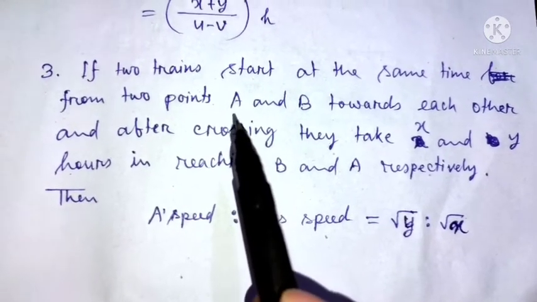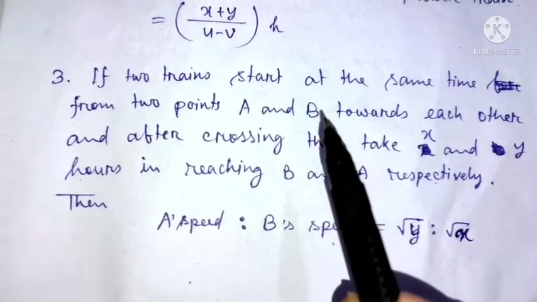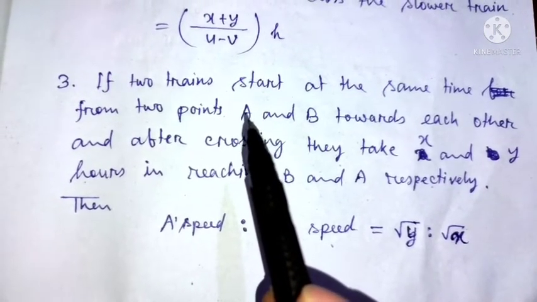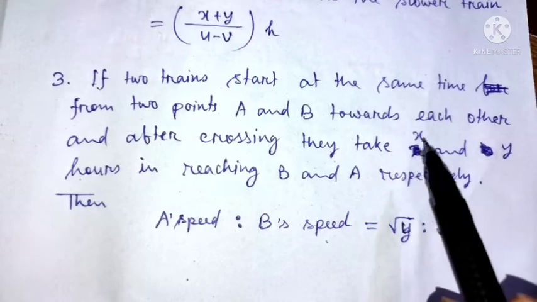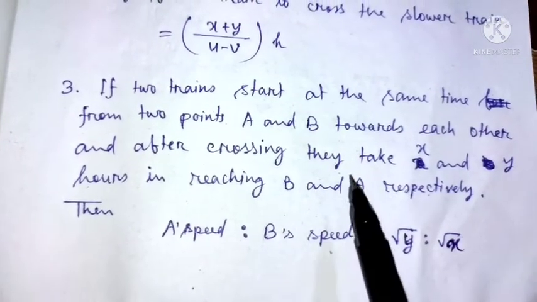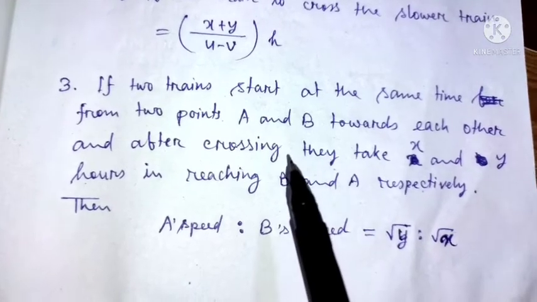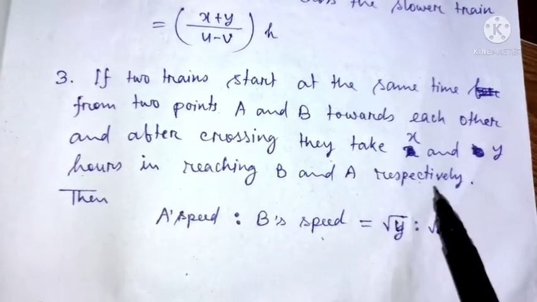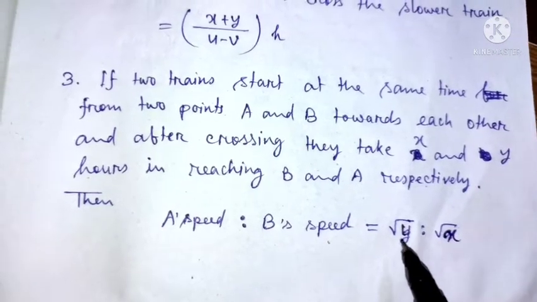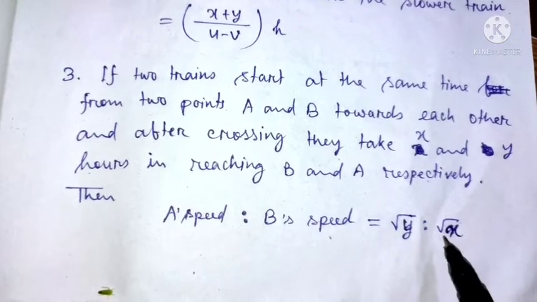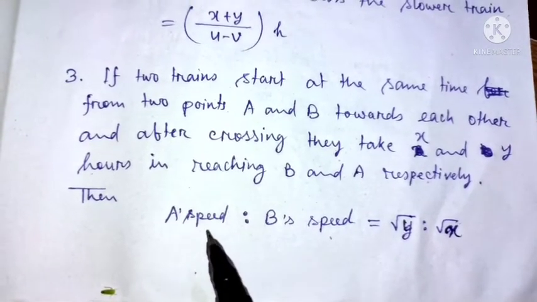That means when they come towards each other and after crossing, A reaches B in x hours and B reaches A in y hours, then the speed of A is to the speed of B equal to root over y is to root over x, where y is the time taken by B and x is the time taken by A.